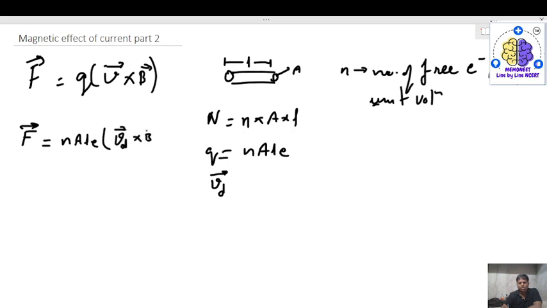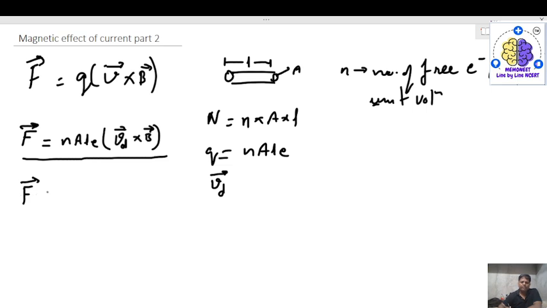cross B. So what we are doing here is calculating the net force acting on the conductor, because all the free electrons in it, and this would be nothing but equal to the force experienced by the conductor, right? The force experienced by the conductor in a uniform magnetic field will be equal to the force experienced by all the free electrons flowing in it.